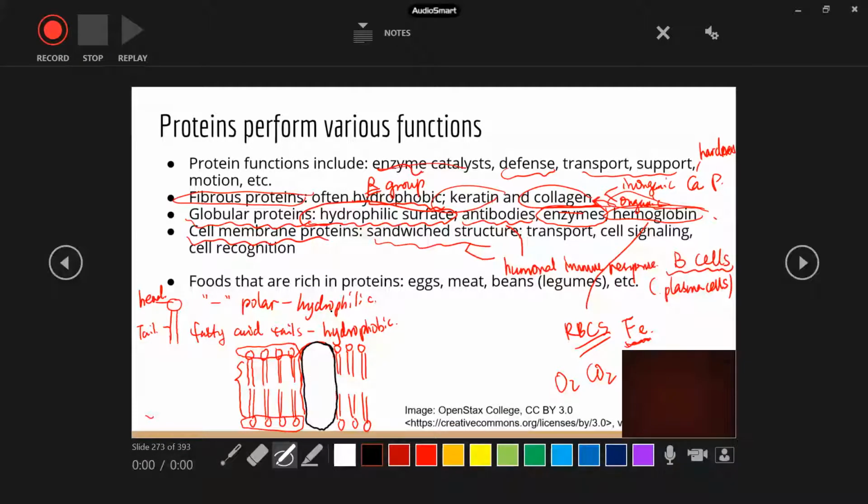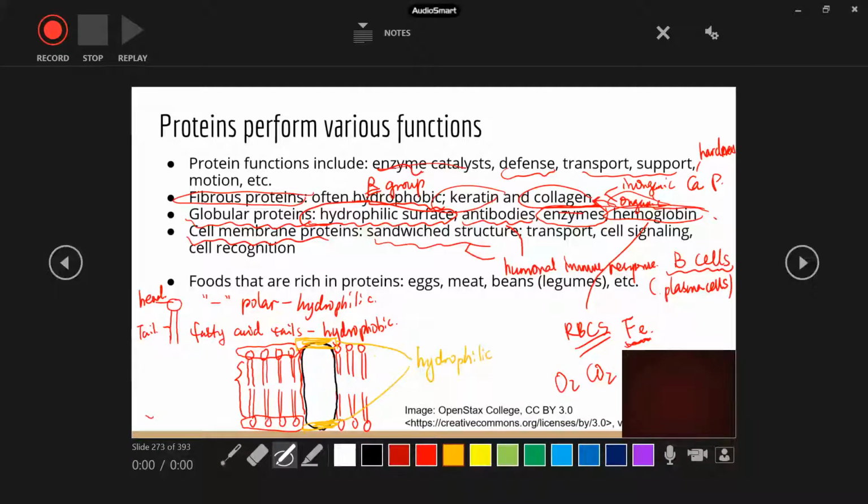Okay. Now, the sandwich structure really just means that the surface of the embedded proteins, like over here, that portion and this portion, this is going to be hydrophilic, because they interact with the water, right?